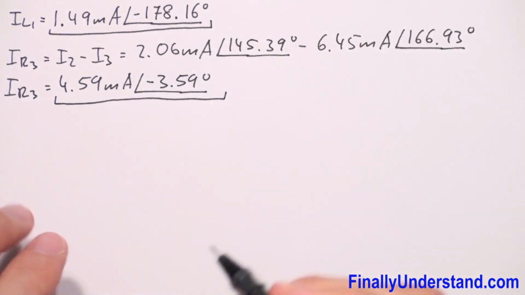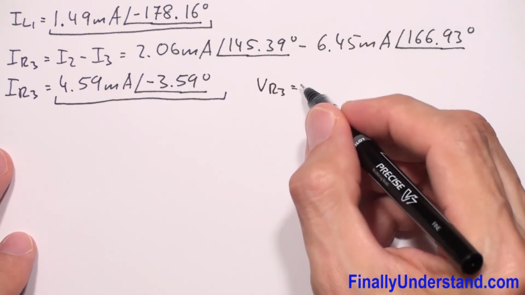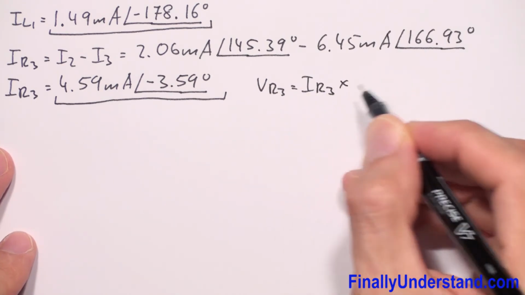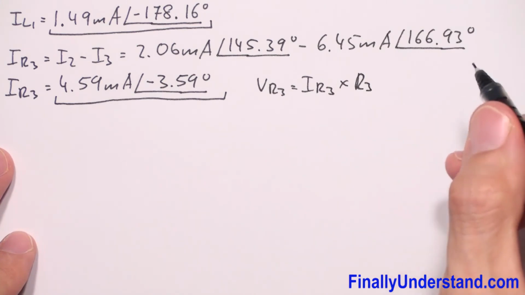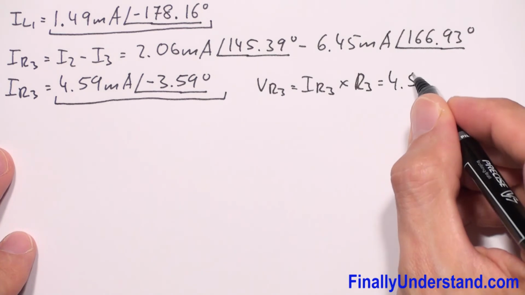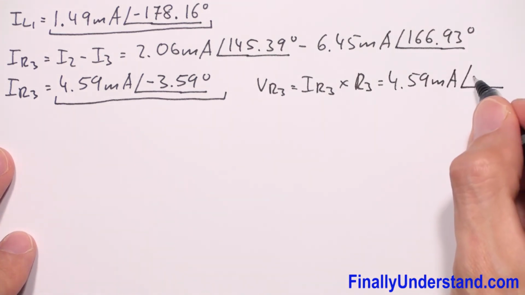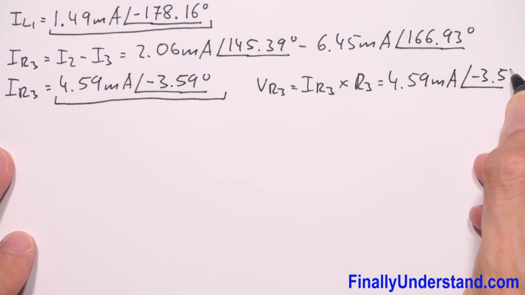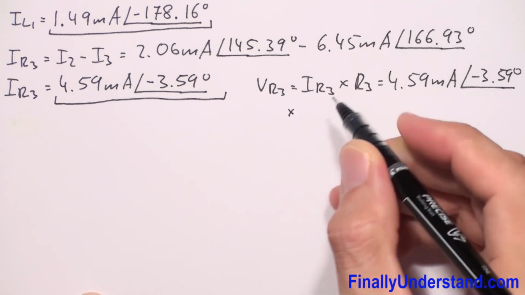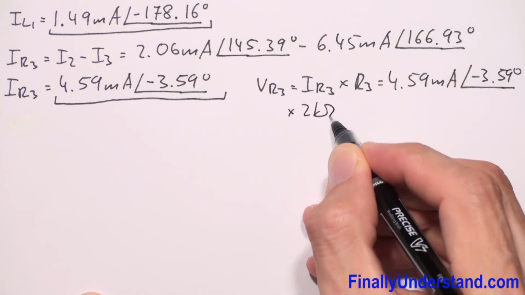So VR3, let me write this down over here. VR3 is equal to IR3 times R3. So this is equal to 4.59 milliamps and angle of negative 3.59 degrees times, and we have resistor R3 is 2 kilohms.